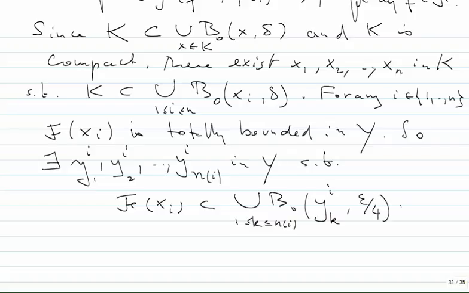Epsilon over 4 because at the end, instead of having epsilon, we'll get 4 epsilon, and that's why we're dividing by 4.